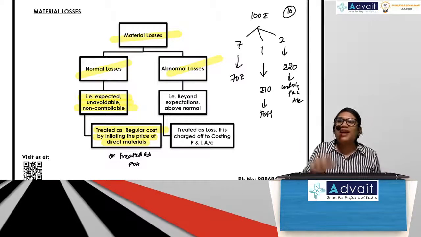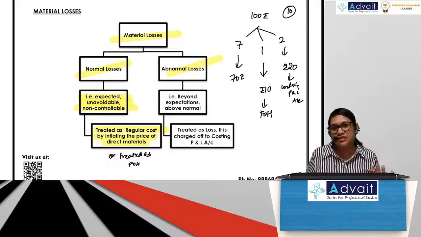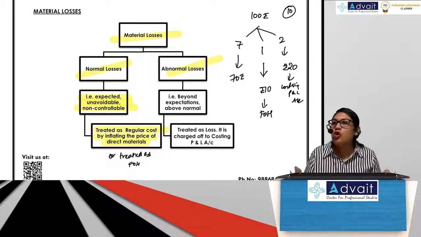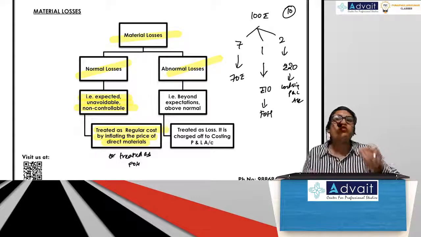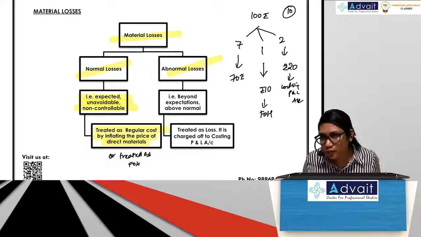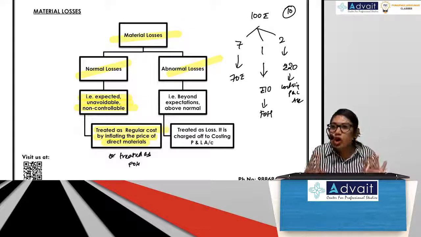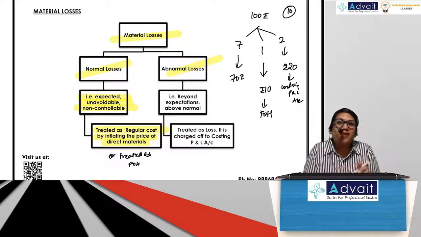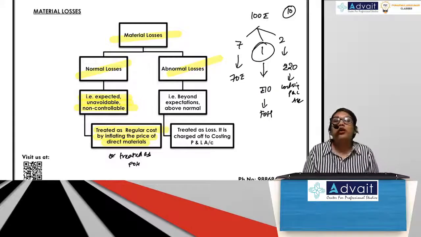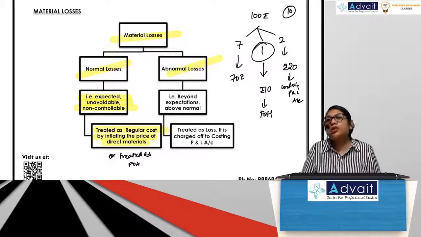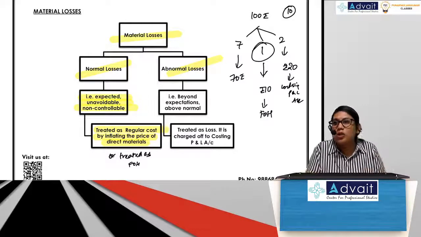So treating it as FOH is very, very easy. There is no question of inflating the cost. It is the inflating of cost which becomes confusing to certain students, but you should not be confused by that. It simply means that normal loss is not going to bear the cost. So who will bear the cost? The remaining units, which are abnormal loss units and good units, as we saw yesterday.